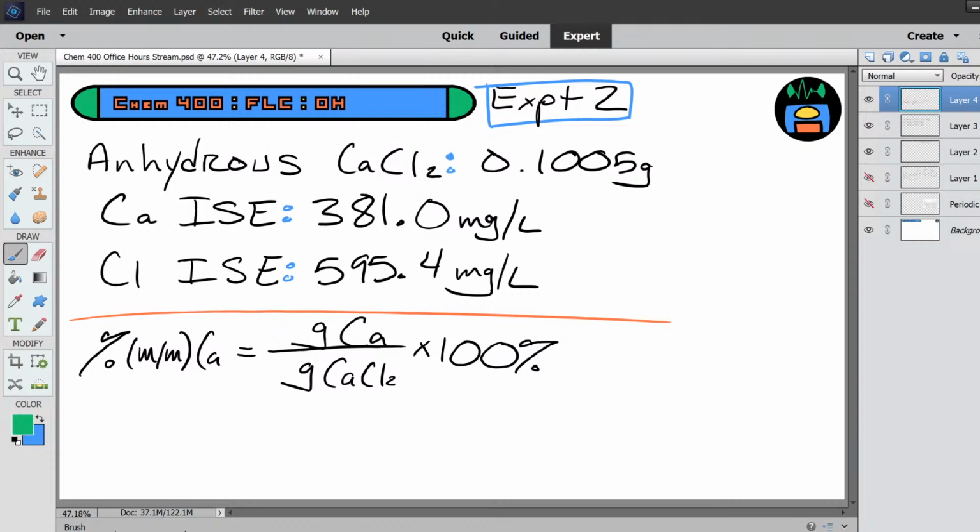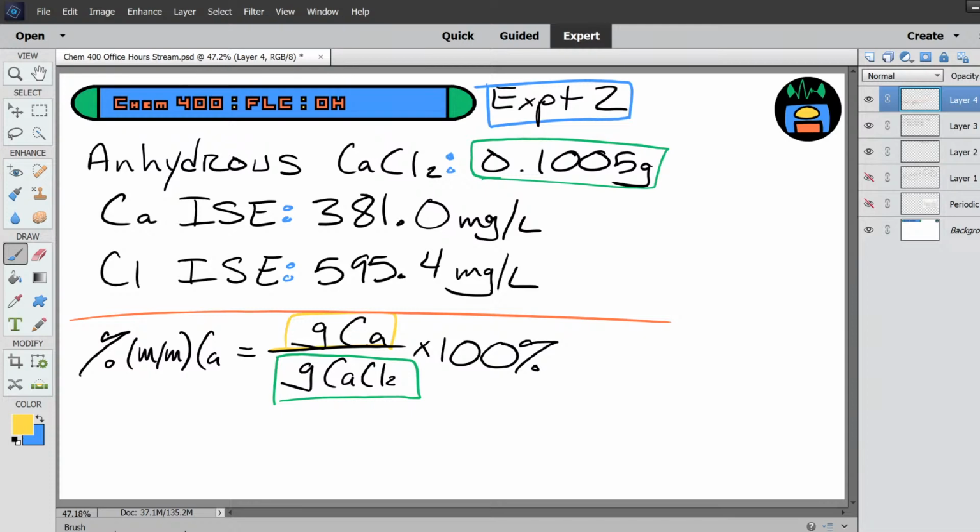Now, our denominator here, grams of calcium chloride, we have this right up here, right? That's the mass of anhydrous calcium chloride that we're given. The real question is, how do we get this mass of just calcium?